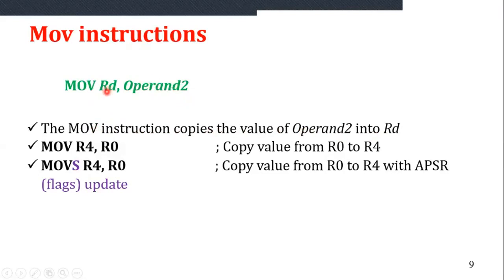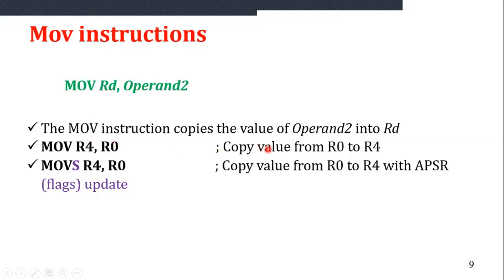For example, MOV R4, R0. In this instruction, R4 acts as the destination register and R0 acts as the source register. Here R0 has some value, we don't know. For example, if R0 has the value 10, then 10 is loaded into R4.